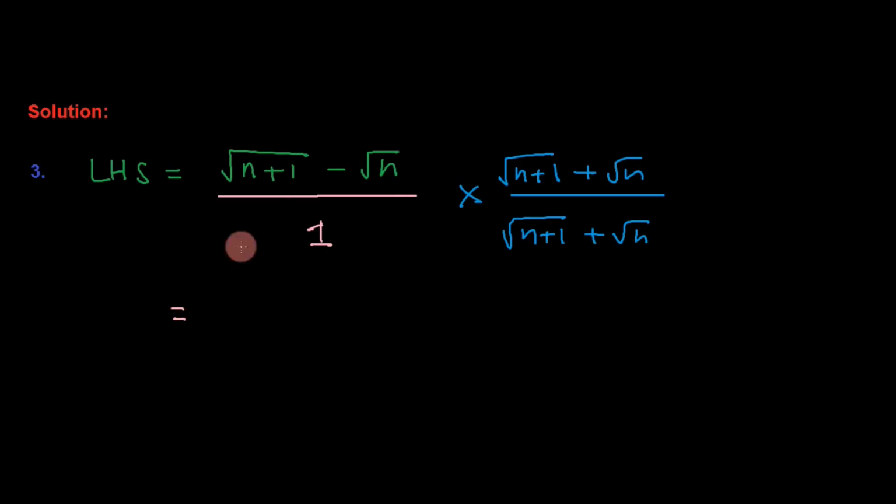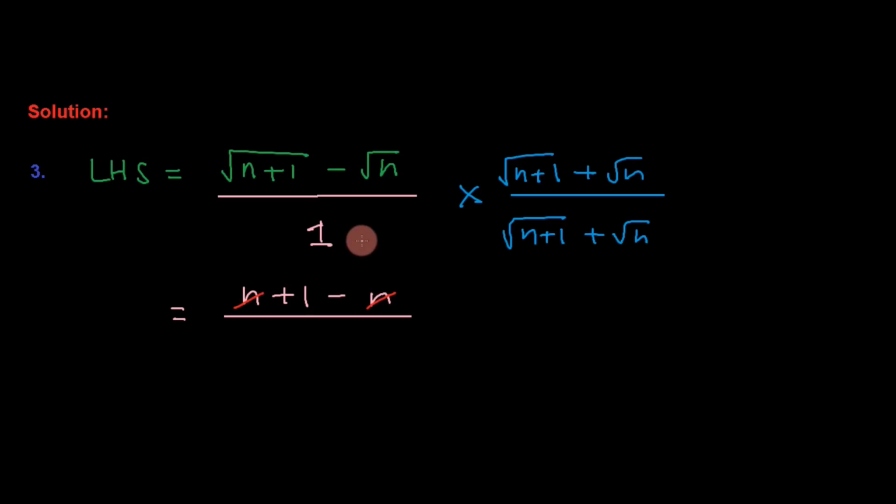So let's multiply out the numerators. It'll give a difference of squares now. So we square the first term and the square root drops. So n plus 1 minus, we square the second term and the square root drops. So we're left with n. These two can cancel.